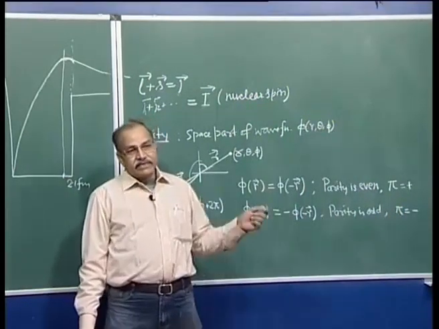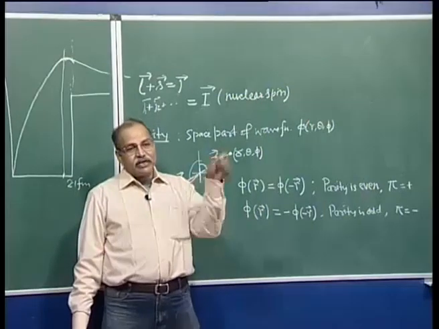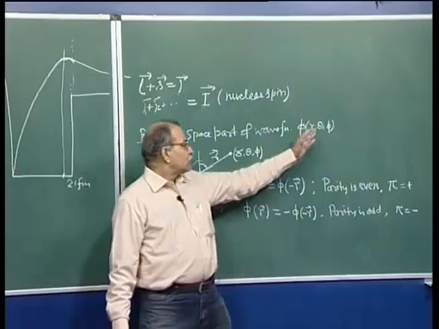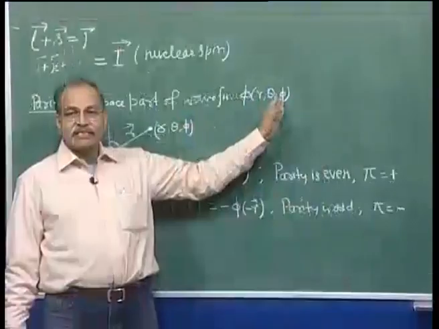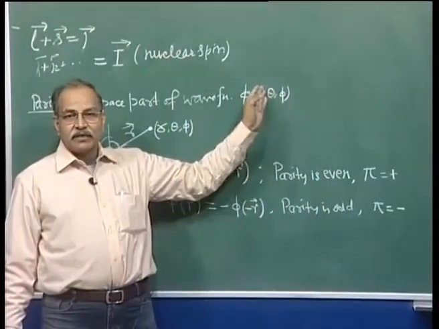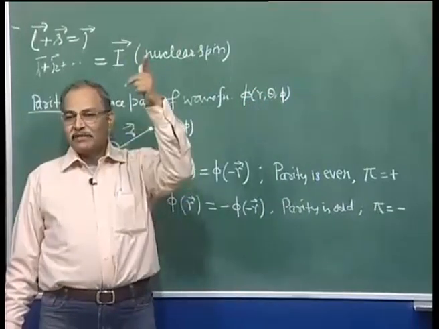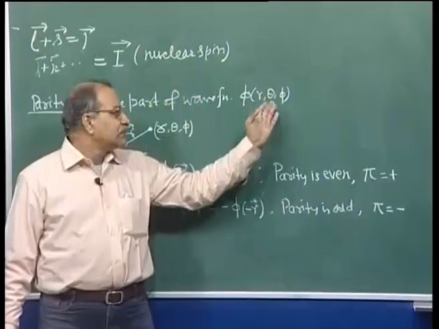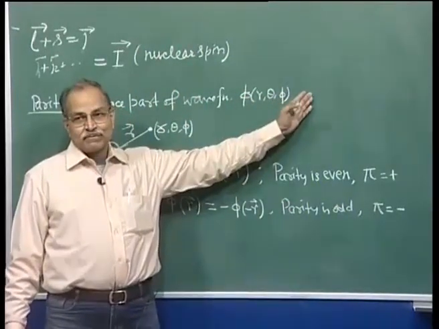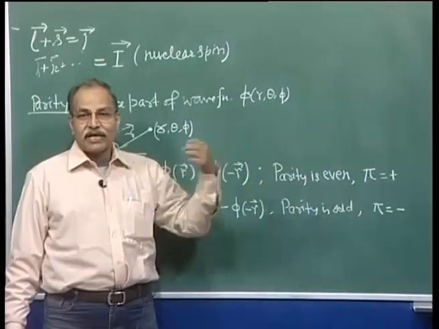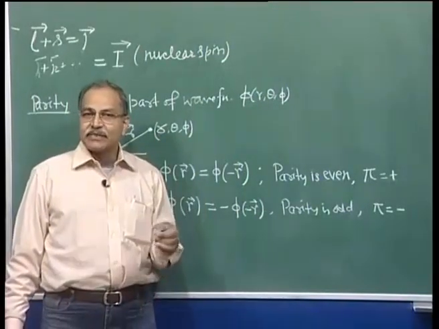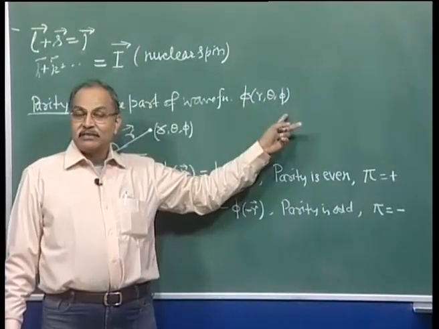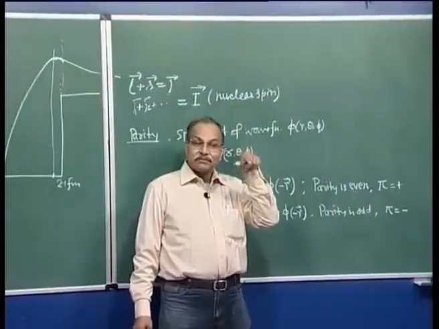And this is related to the orbital angular momentum quantum number L. This theta phi part, if it is a central potential, you know that the theta phi part will be Y lm of theta phi. For any central potential, square well or any central potential which does not depend on theta phi, the wave function will depend on theta phi according to the spherical harmonics capital Y L m.